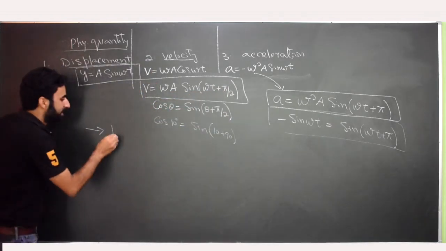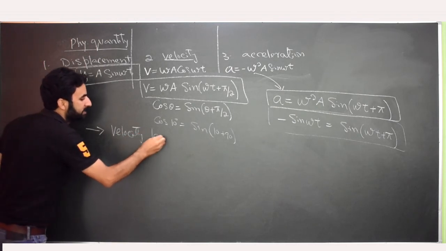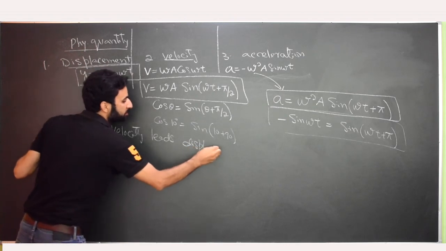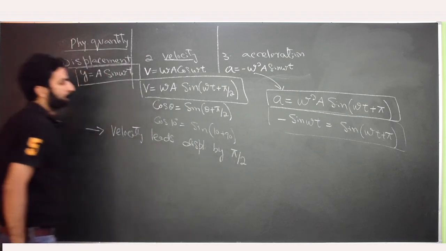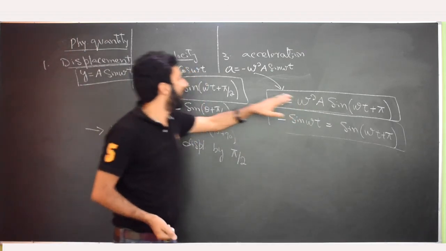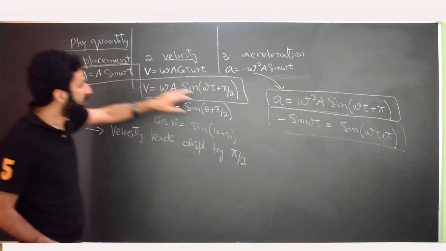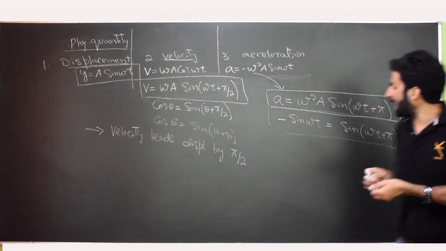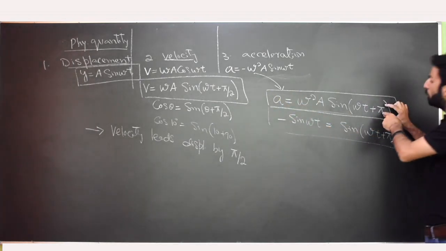So velocity leads displacement by pi by 2. And similarly, if you compare the equation for acceleration and the equation for displacement, here it is sine of omega t, there it is sine of omega t plus pi, which essentially means that acceleration of a particle leads the displacement by a phase angle of pi.